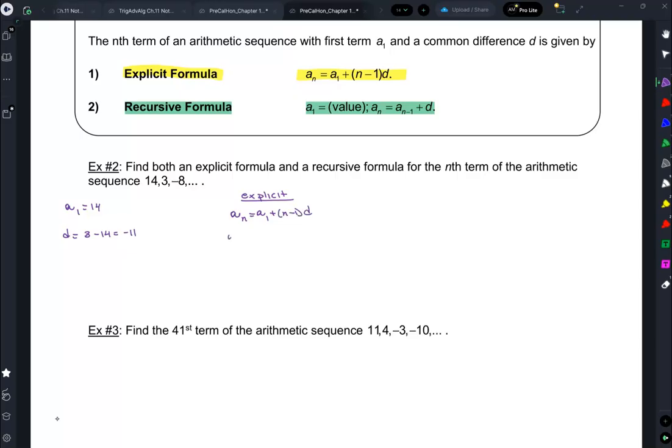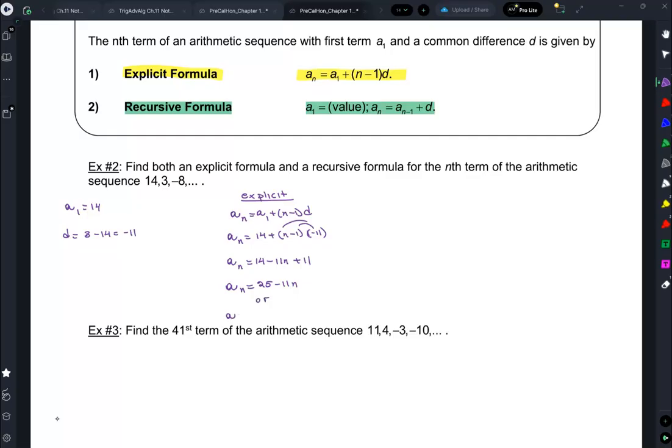A sub n is A1, which we said was 14, plus n minus 1 times negative 11. And then you have to distribute. So A sub n is 14 minus 11n plus 11. So A sub n is 25 minus 11n.